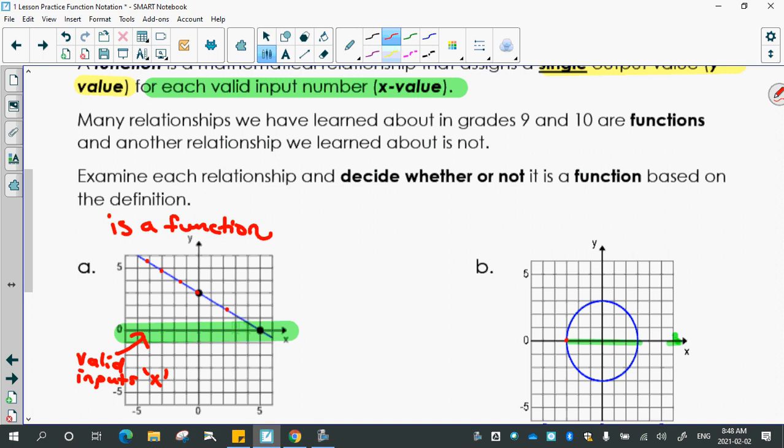But say I'm looking here, there's two outputs. Does everyone see that? There's two y values for one x. So this, by definition, is not a function. So circles are not functions. So as soon as you break that rule one time, you don't have a function. If you can find one x value that has two y values, it's not a function. Okay?